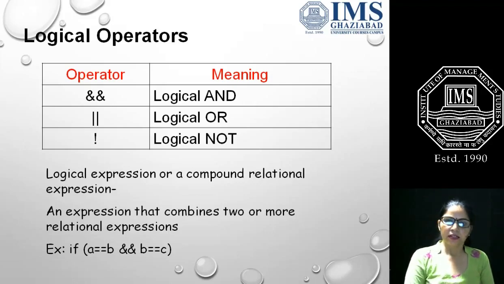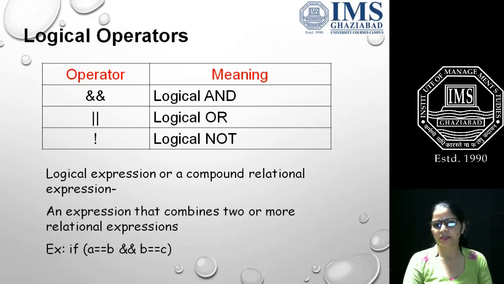And logical and and logical or are generally used, or always used, to combine two or more relational expressions. For example, I can write it as if A equal to B and B equal to C. This means it is tested whether A is equal to B, and then whether B is equal to C. Then we can find the result using this double ampersand.